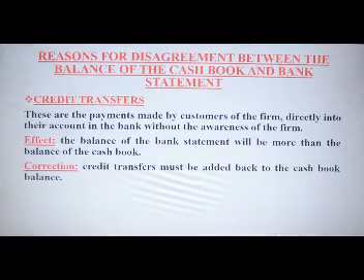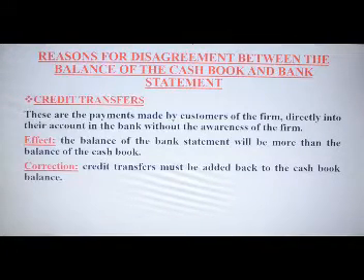Now the next reason for disagreement is credit transfer. Credit transfers are payments made by customers of the firm directly into their account. This looks a bit similar to our dividend, but dividends are profits as a result of share investment, whereas credit transfers are payments, maybe from debtors.